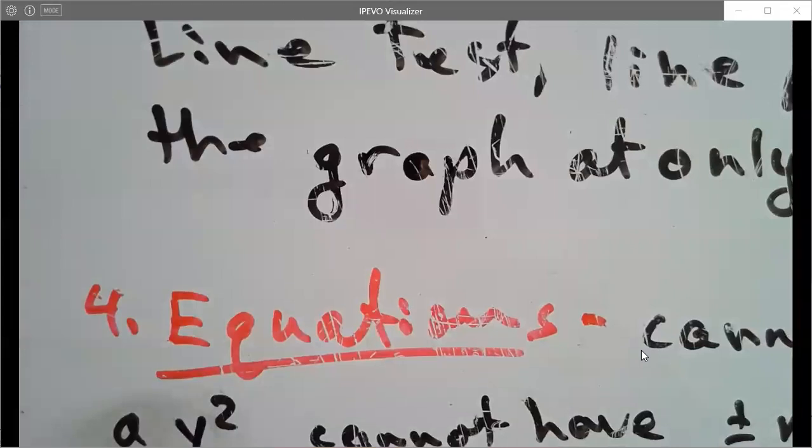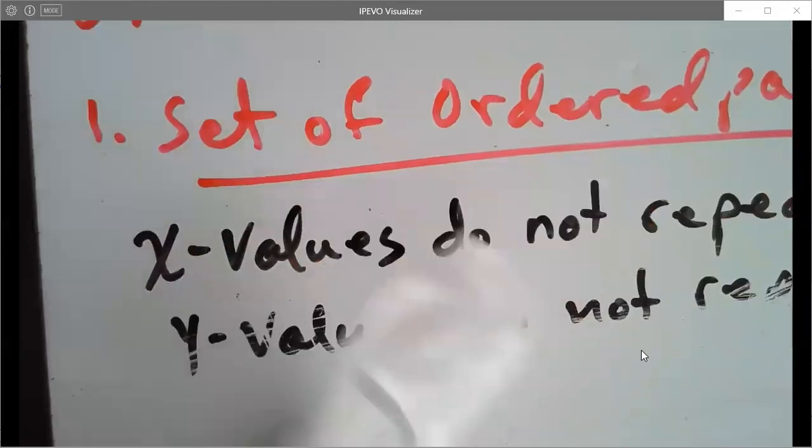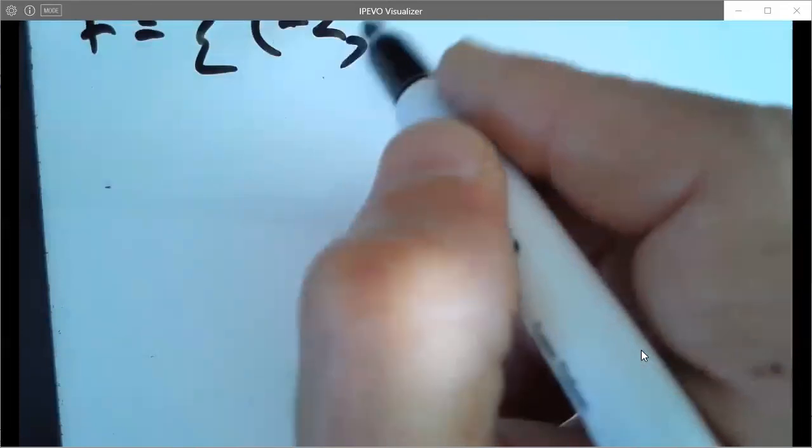So let's take a look at a set of ordered pairs again: -2, 1; -1, 0; 0, 1; 1, 2; and 2, 2.